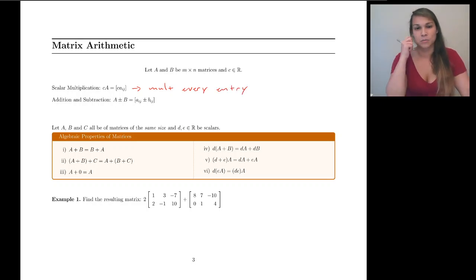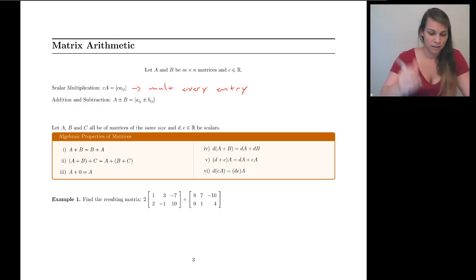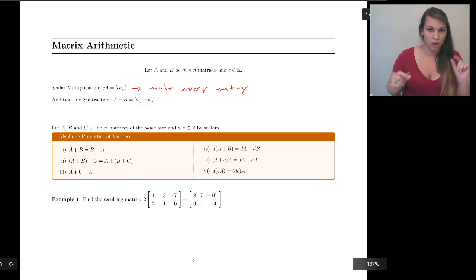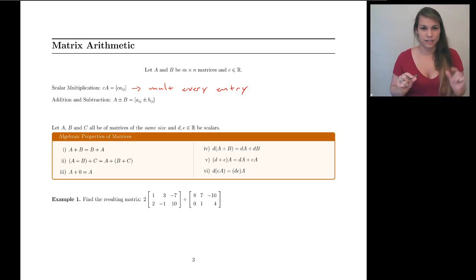And then addition and subtraction, you've got A plus or minus B is equal to aij plus or minus bij, and that's going through and you add up all the corresponding entries in A and B. So like the very first entry in A, you're going to add that with the very first entry in B.